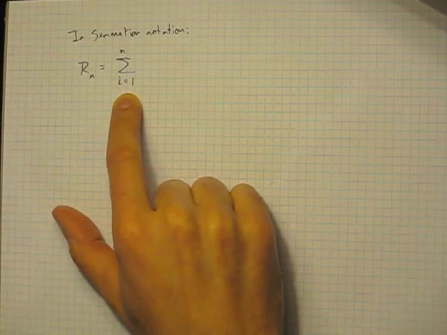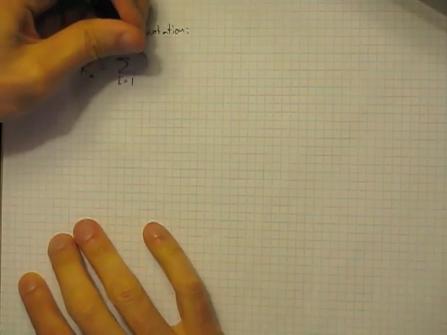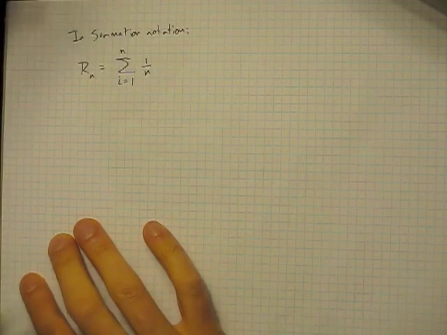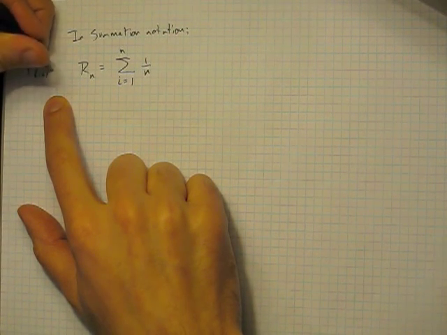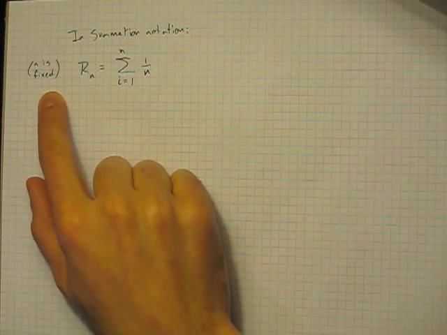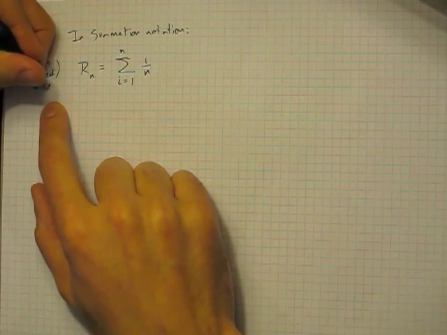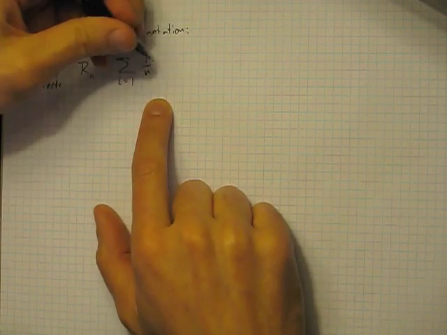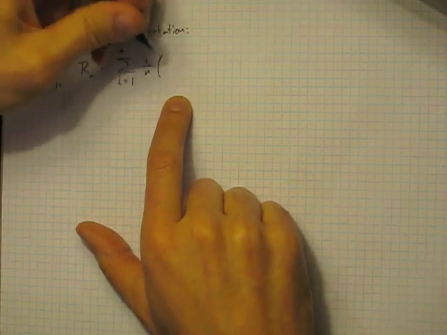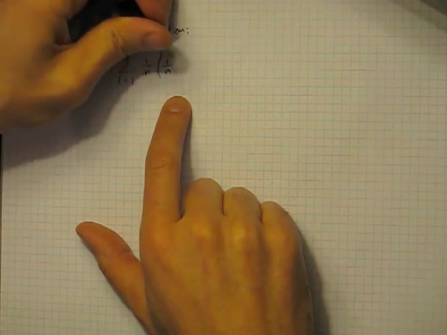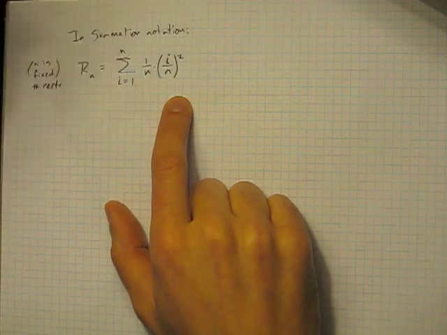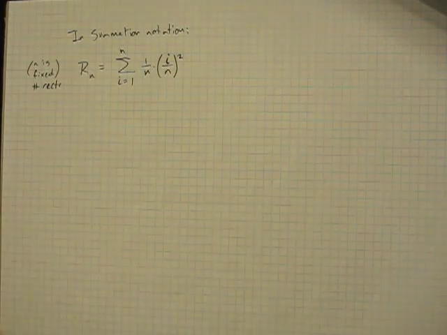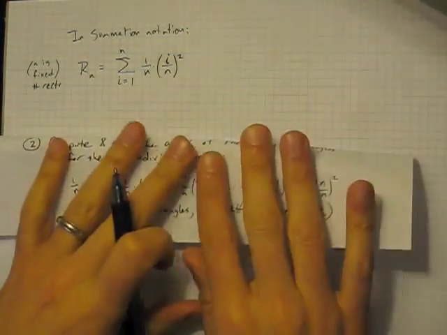We're going to start at 1 right here, and we had 1 over n. Remember, n is fixed here. n is fixed. It's the number of rectangles that you want to use. Okay, so we have 1 over n times, and then we have i over n squared. Okay, so that's this piece right here.